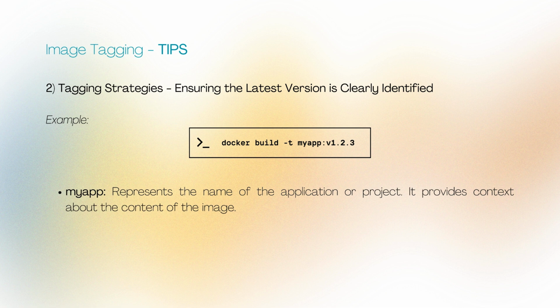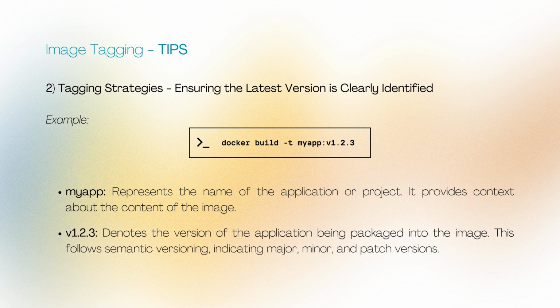It provides the context about the content of the image. Version 1.2.3 denotes the version of the application being packaged into the image. This is also following what we mentioned before, the semantic versioning, indicating major, minor, and patch versions.